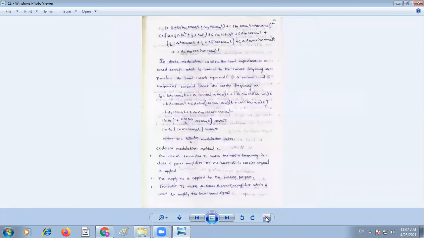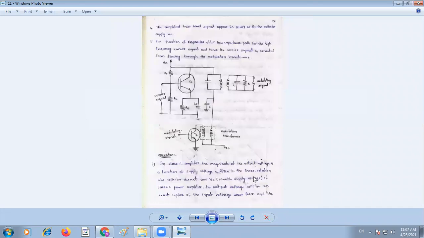Now, another one is the collector modulated method. Once again we see that circuit. In the circuit of the collector modulated method, two different transistors are used.